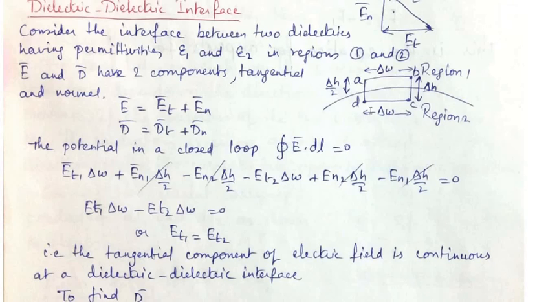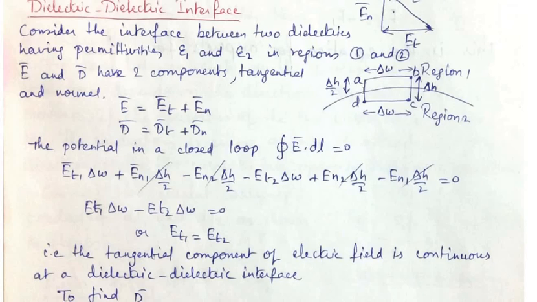Next, the path from D to this boundary, this small path. The field is entering the boundary, so we need to write a plus value. And it is in the second medium, so write EN2, and the distance is delta H by 2.